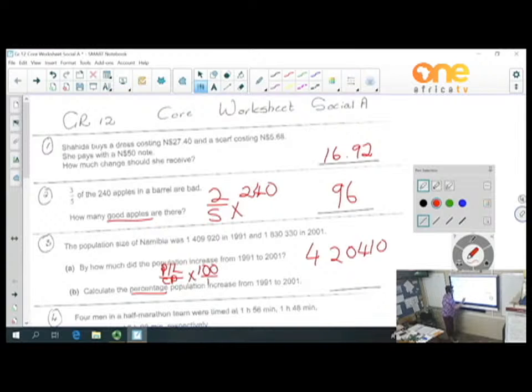Always on the cost price. So it will be this profit on which one? 1991, isn't it? On the original one. This is the original one times 100 over 1. And I have 29.8%.